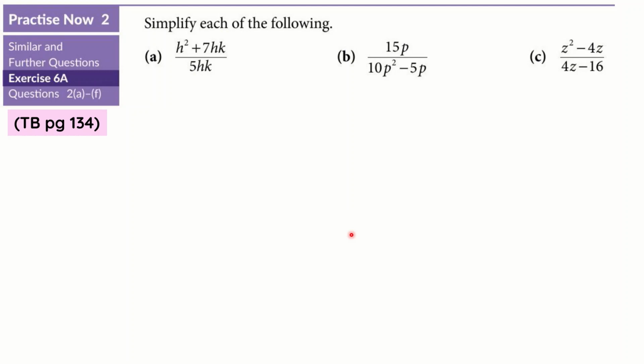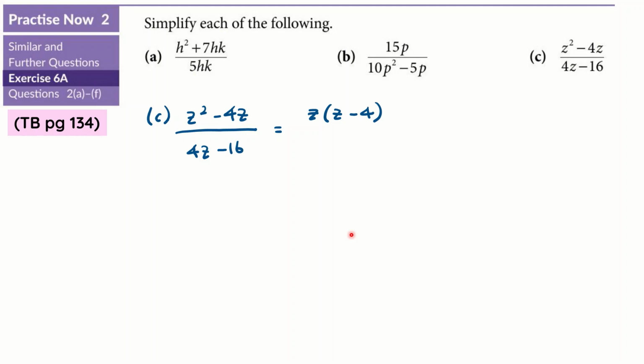Next, we take a look at part C in this practice now example. So in part C, we have z squared minus 4z over 4z minus 16. Applying the same principle, we need to factorize the numerator and the denominator separately first. So in the numerator, what we will get is z times z minus 4. That is by factorizing by extracting common factors.